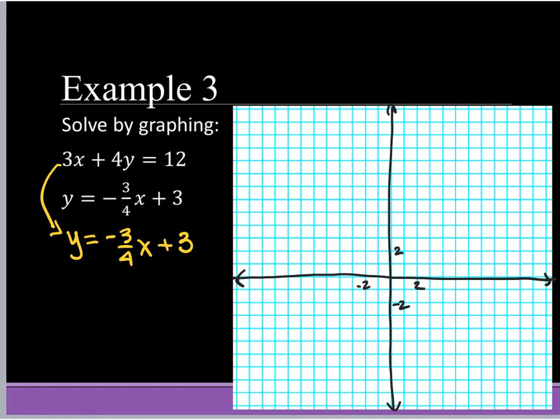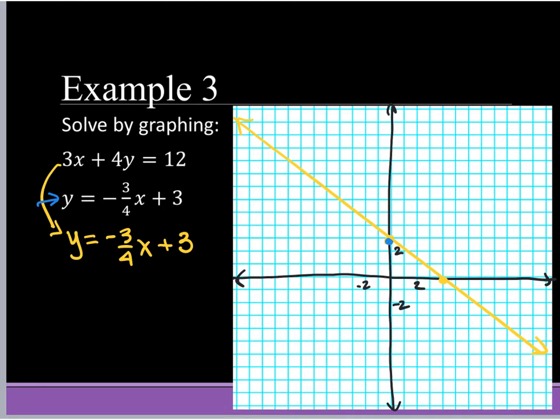So when I go and I graph that, I'm going to start out at 3, and I'm going to go down 3 and over 4, so 1, 2, 3, 4. So I've got my 2 points, I'm going to connect them, and I end up with a graph that looks like this. Now I'm going to do the same thing for this next equation, y equals negative 3/4 x plus 3.